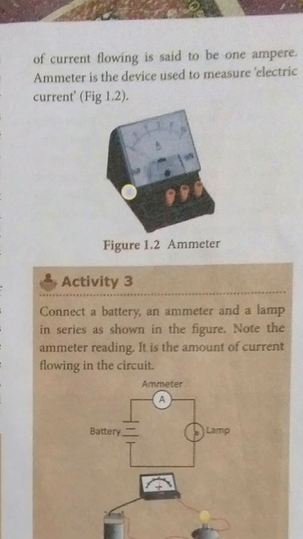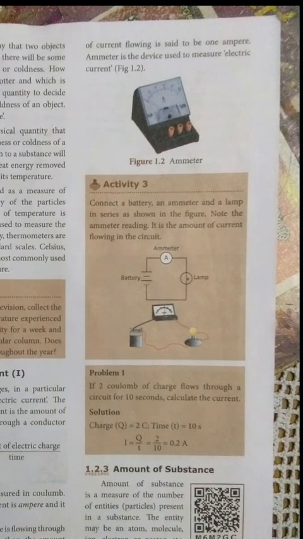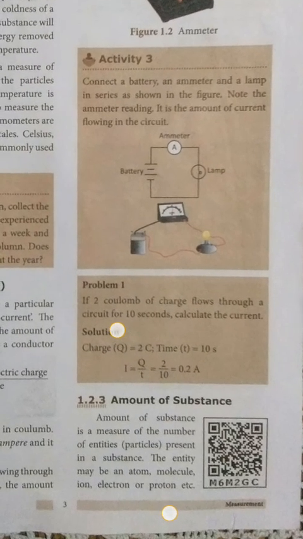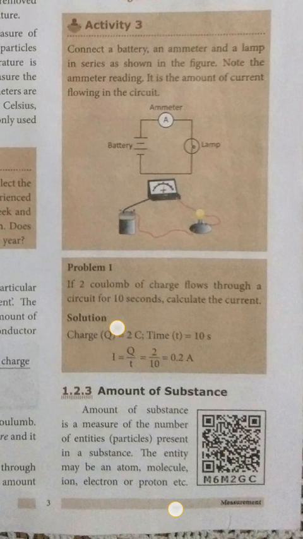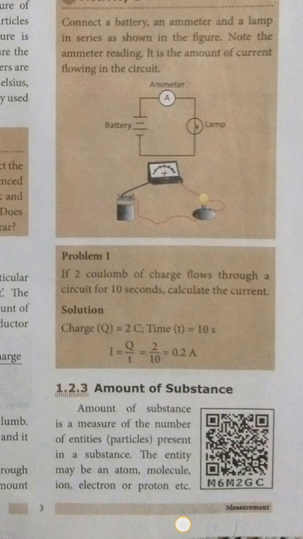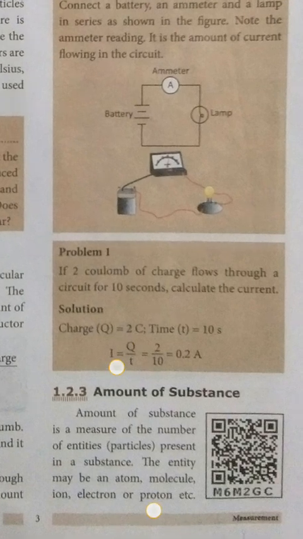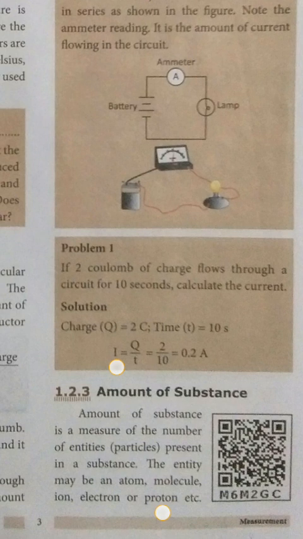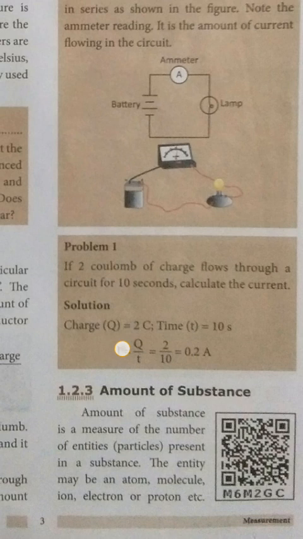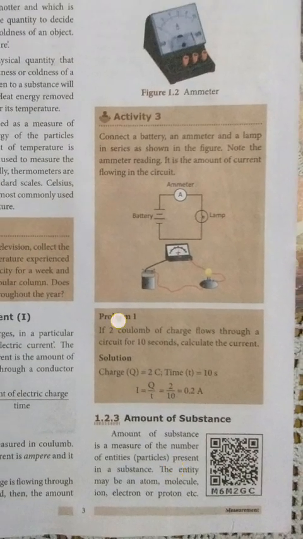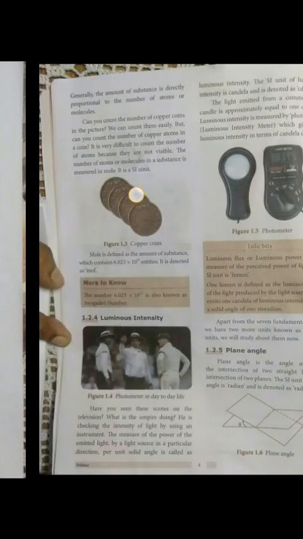Then the next one, define amount of substance. Amount of substance is a measure of the number of entities present in a substance. Only 4 lines you have to write in your classwork notebook. Then what is the SI unit for amount of substance?